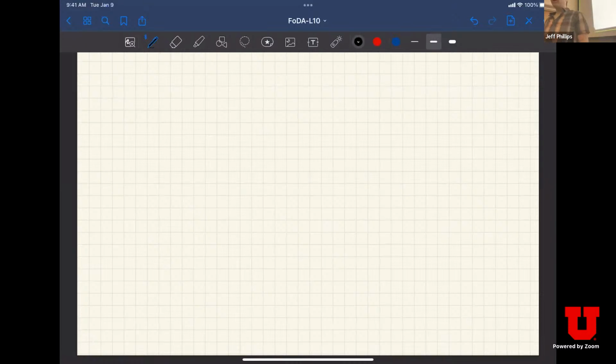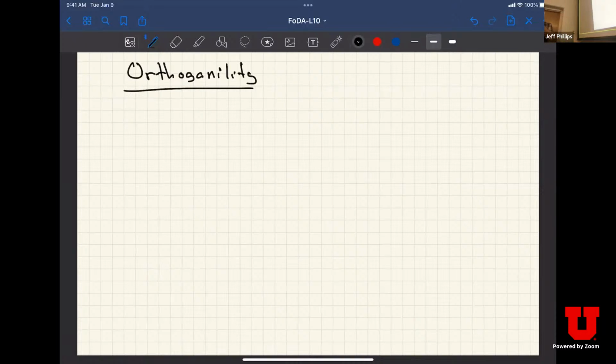Okay, one more concept to cover, that is orthogonality. Okay, and this is defined for both vectors and matrices.